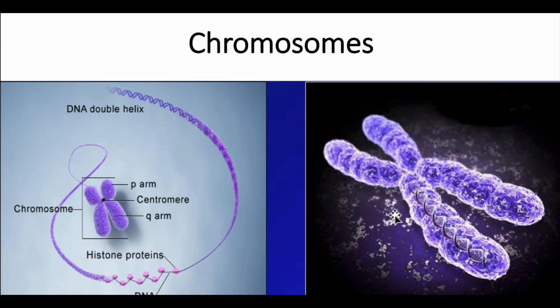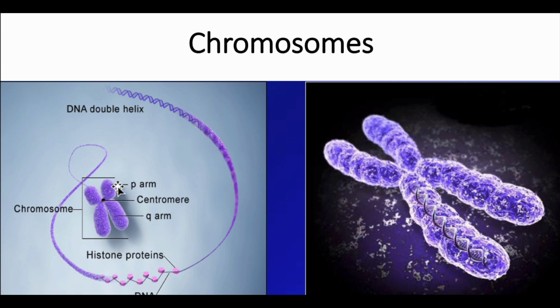This is a typical chromosome. And what is it made up of? It's made up of chromatin that's been super condensed, very tightly coiled around histone proteins. You can see the center part, this is the centromere. And first of all, there are two of these, one over here, one over here. These are the sister chromatids.